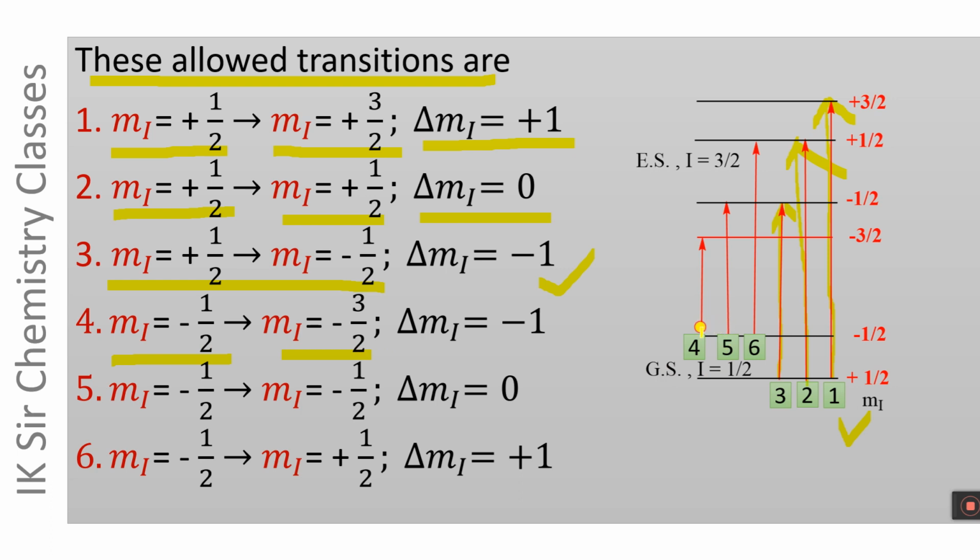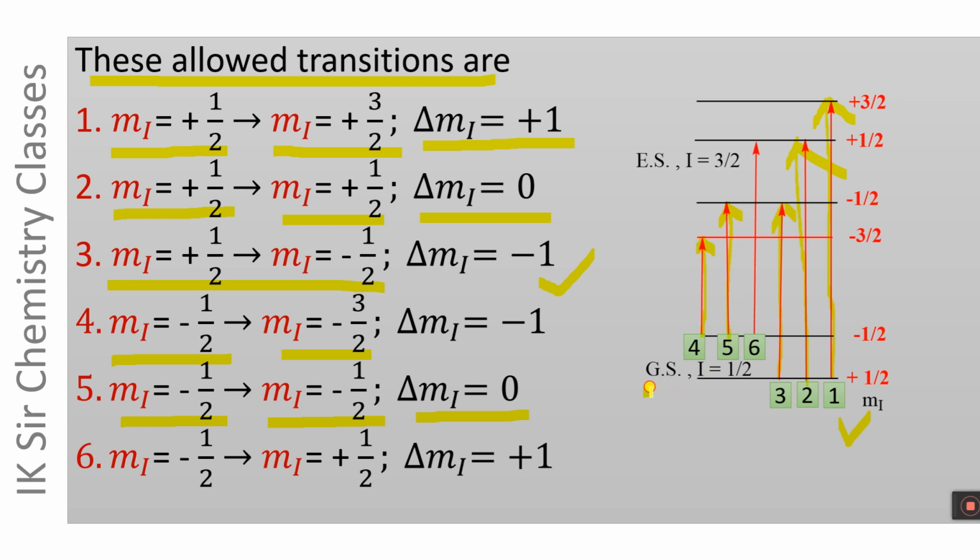This one, the fourth one, is m_I equals minus half of the ground state to m_I equals minus 3/2 of the excited state. The fifth transition is from m_I equals minus half to m_I equals minus half, involving delta m_I 0. This one is m_I equals minus half of the ground state to m_I equals minus half of the excited state.